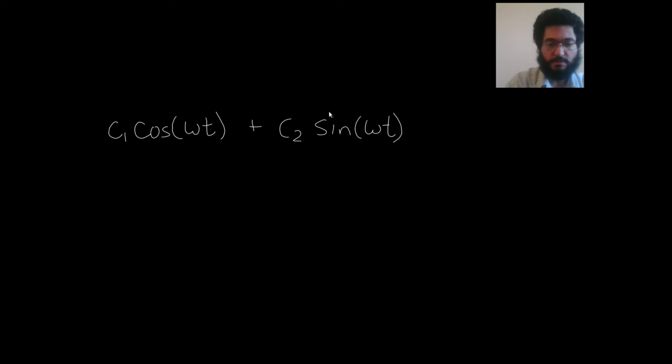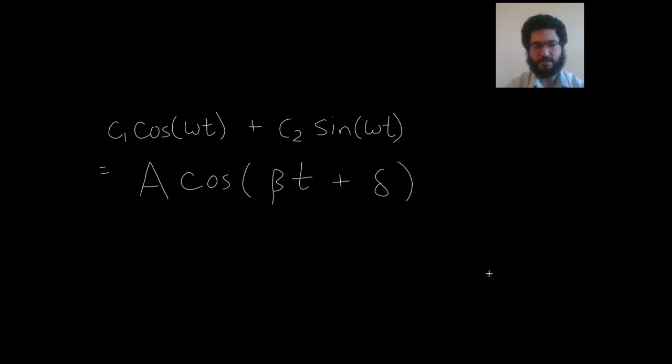Well, if it starts out looking like this, and we think it's a sinusoidal function, then maybe we can write it in this form, just a cosine, or just a sine. I'm just going to pick one. I choose cosine, with some amplitude in front, let's call it A, and some frequency, let's call it beta, and some amount of shift, let's call it delta.